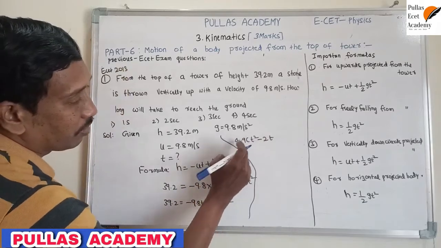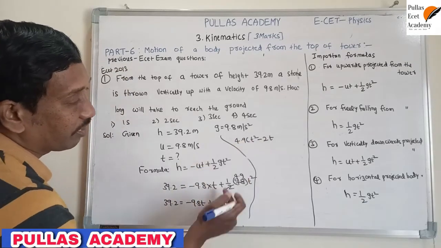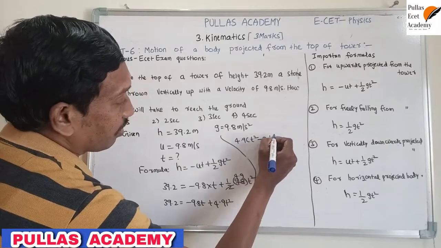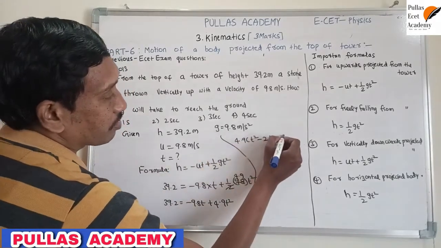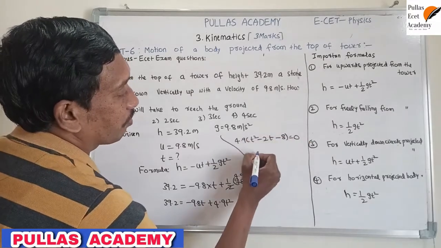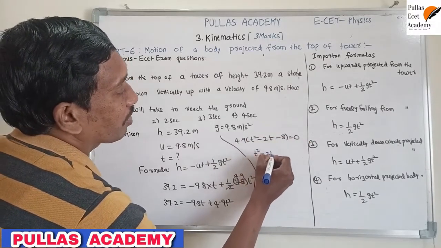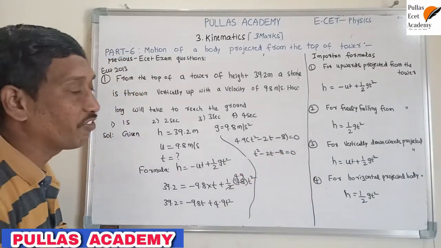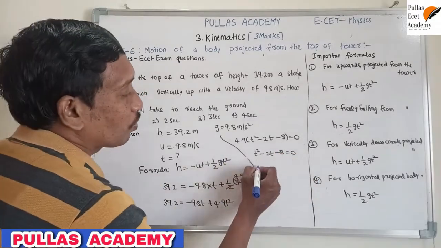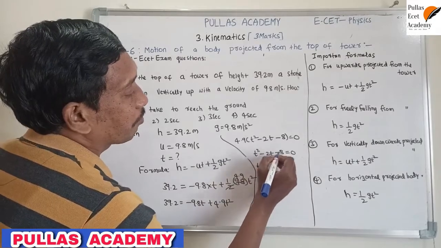Then 2 into 4.9 is 9.8, shifting to the right side, 4.9 into 8 is 39.2, so write minus 8 equals 0. That means t square minus 2t minus 8 equals 0. This is one quadratic equation. If you simplify, you get the t value. How to simplify here? T square, 8 means what?